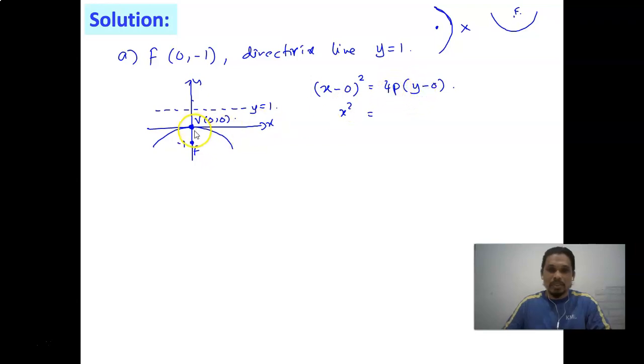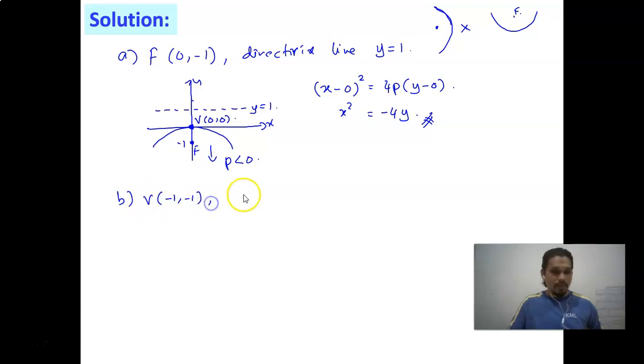And what about this case? The graph faces downward, where p is less than 0. So the distance here is 1, so we come up with x squared equal to negative 4 times y.